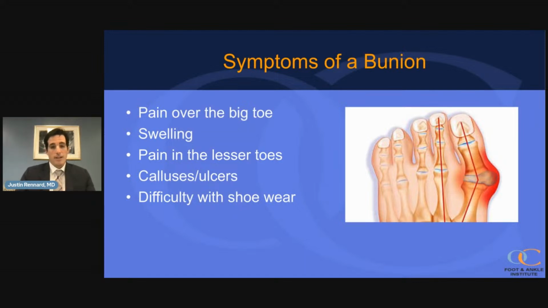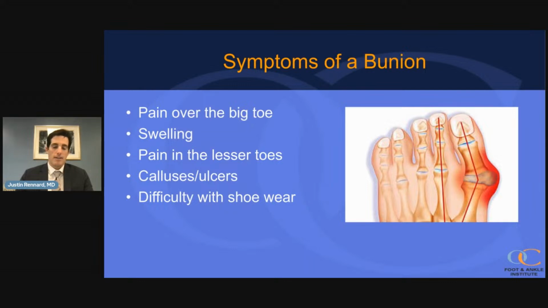So, symptoms of a bunion that do cause pain. With the symptomatic bunion, you can get pain over the big toe, right at that red spot you see on the picture. You can get some swelling. You can get pain in the lesser toes where they may rub on your shoes or cross over the big toe as the toes get more crowded.